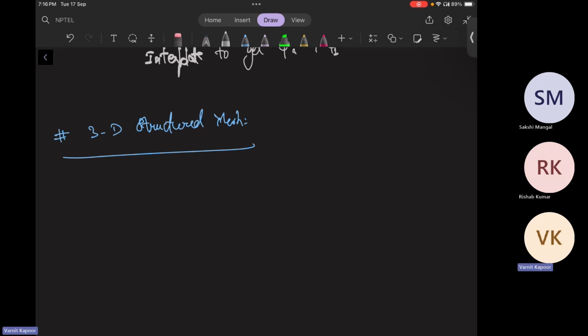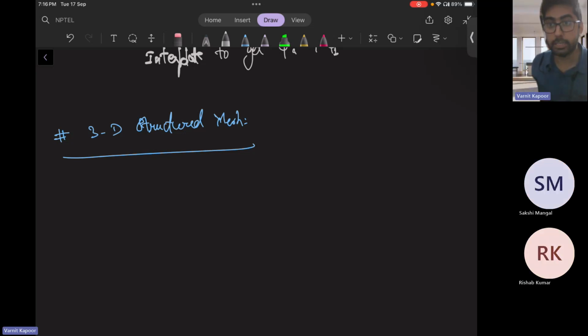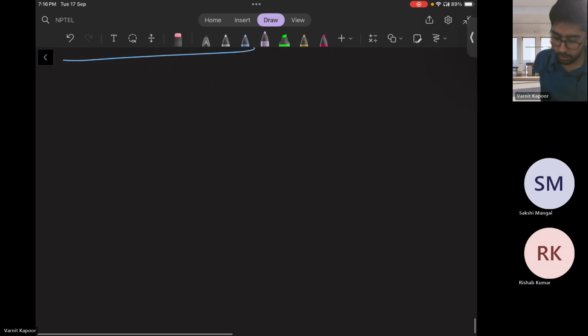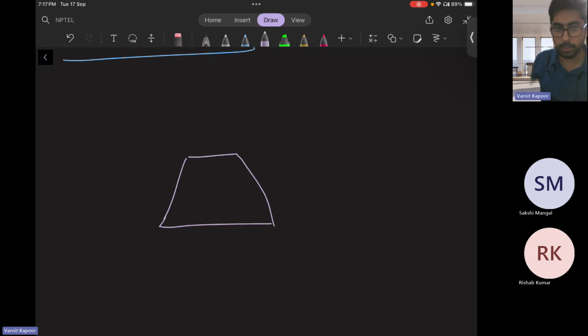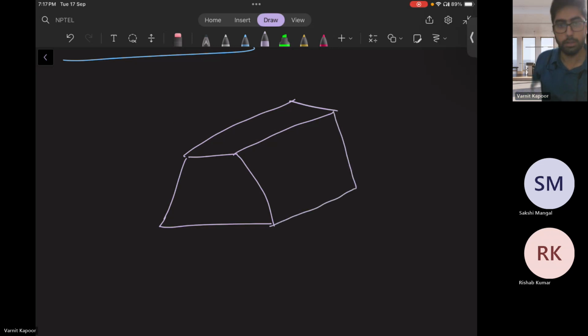Okay, let's come back. So I was talking about 3D structured mesh. Okay. So we have some kind of a quadrilateral. If we draw, suppose we have a kind of quadrilateral like this in three dimensions.